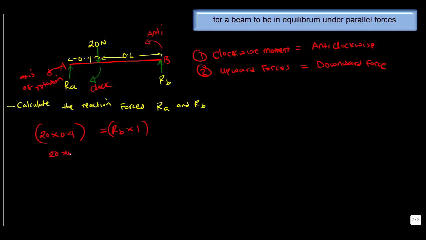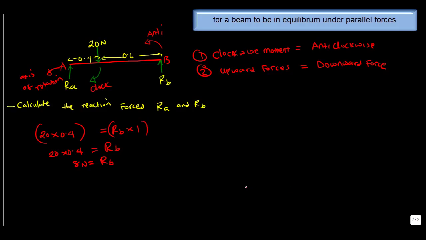And so we have 20 times 0.4 equal to RB, which should give us 8, and that should be RB, 8 newtons.